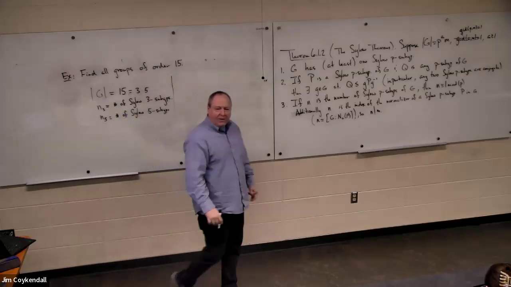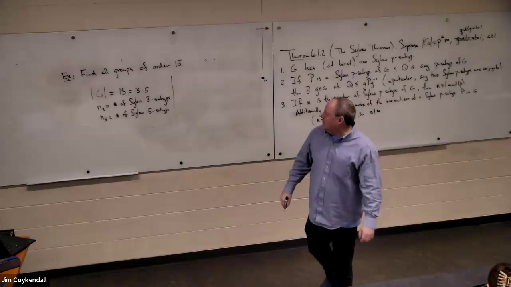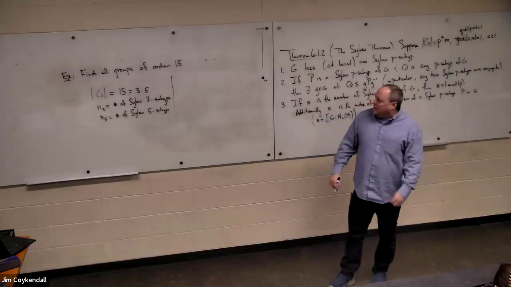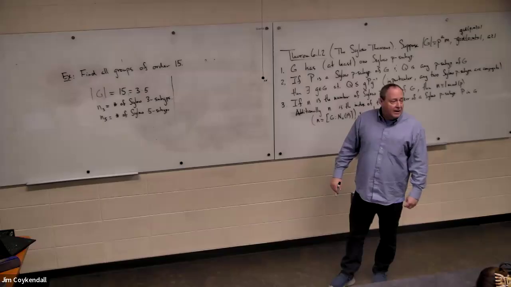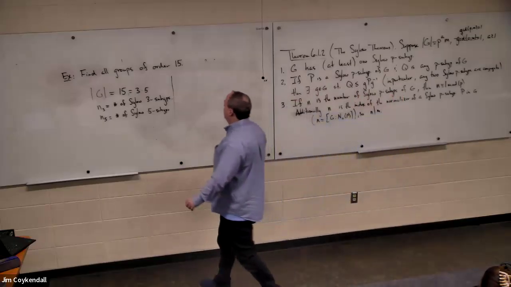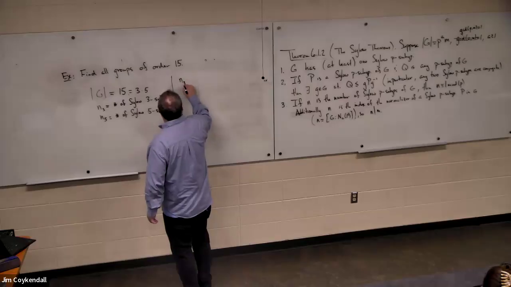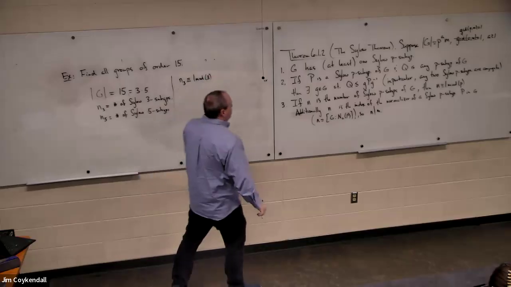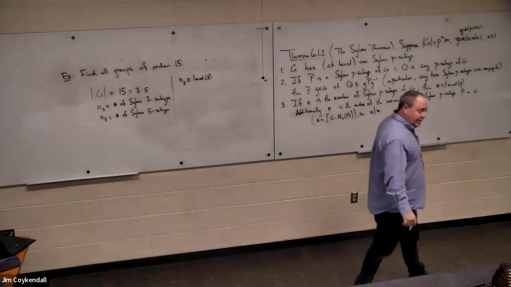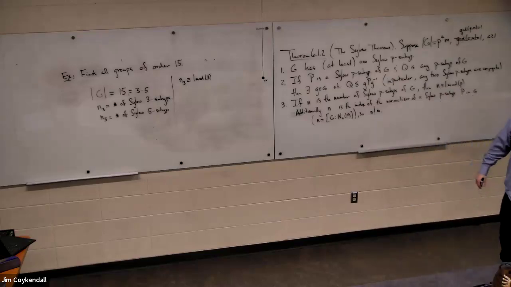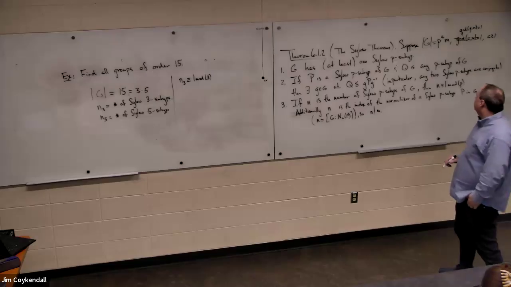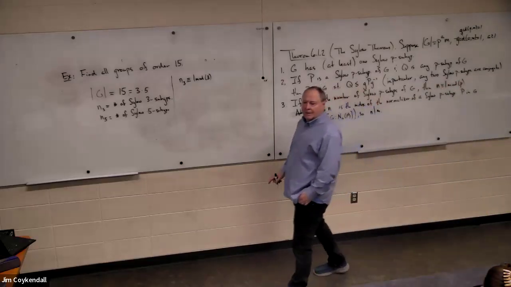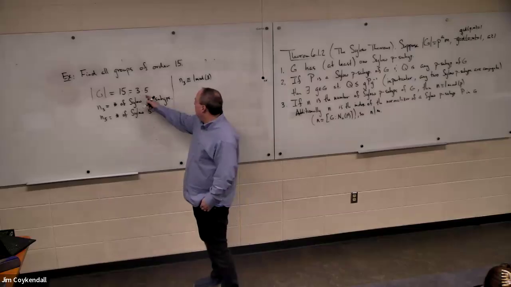Okay, let's see if we can play Dick Tracy here and use our detective abilities to find out what these are. N3 is equivalent to 1 mod 3. That's what Sylow part 3 says. Everybody agree with that? So N3 are numbers like 1 and 4 and 7 and 10, and so forth, anything equivalent to 1 mod 3. But there's another caveat. It has to divide M, which in this case is what's left over, which is 5.